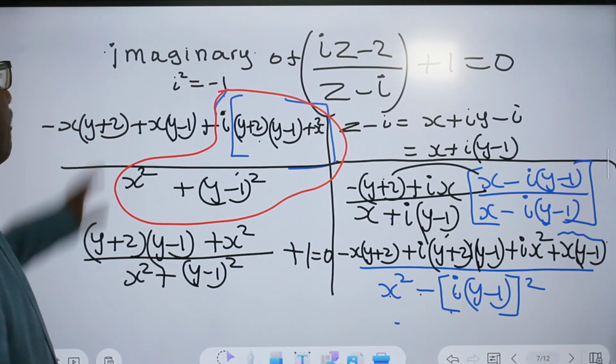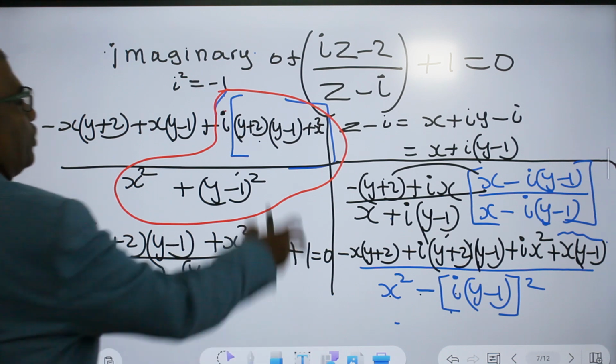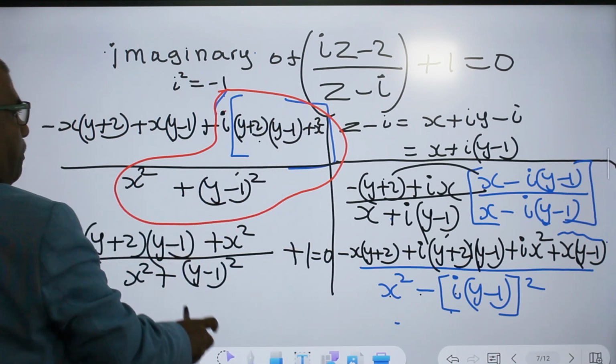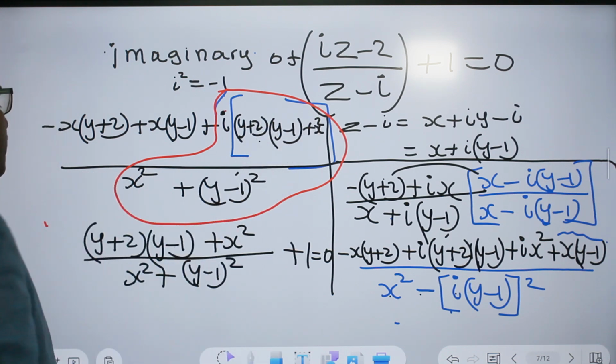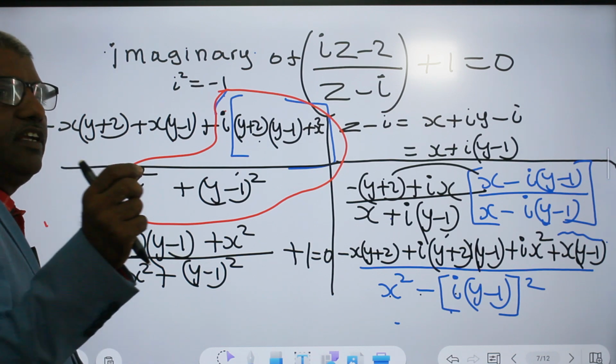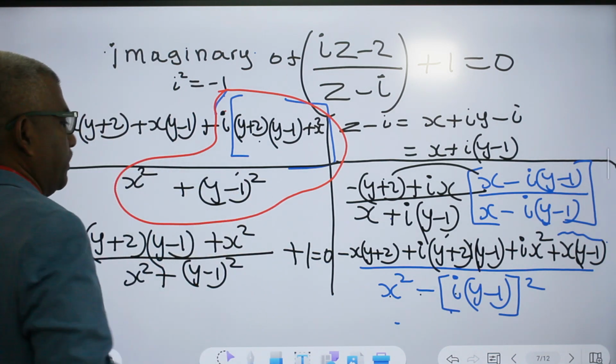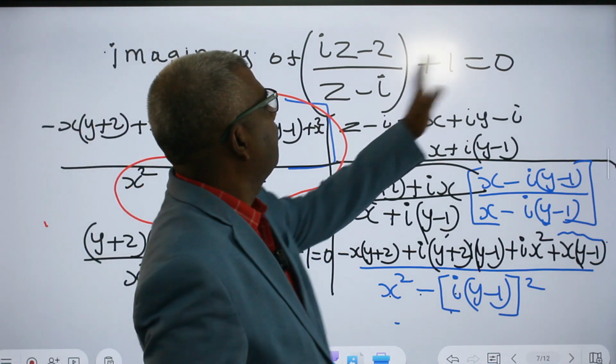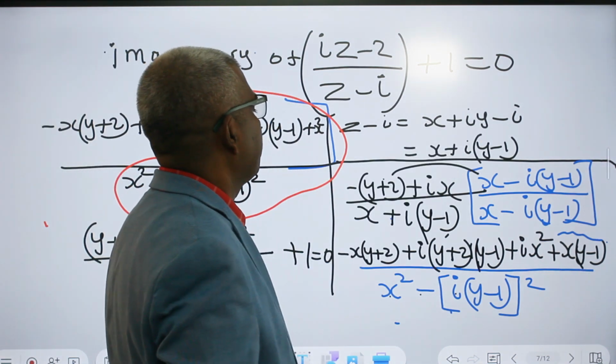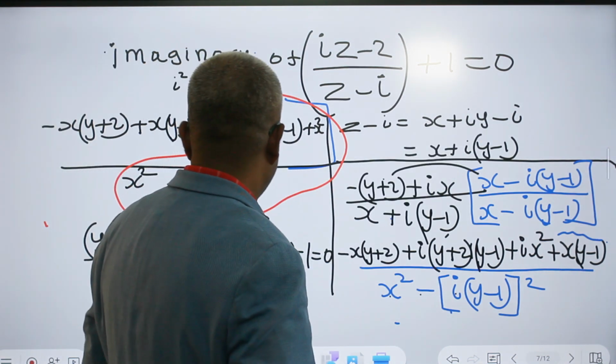They are wanting only the imaginary part, so I took the imaginary part, y plus 2 y minus 1 plus x squared divided by x squared minus i squared, which will be plus 1, then the plus 1 will become minus 1 that side.